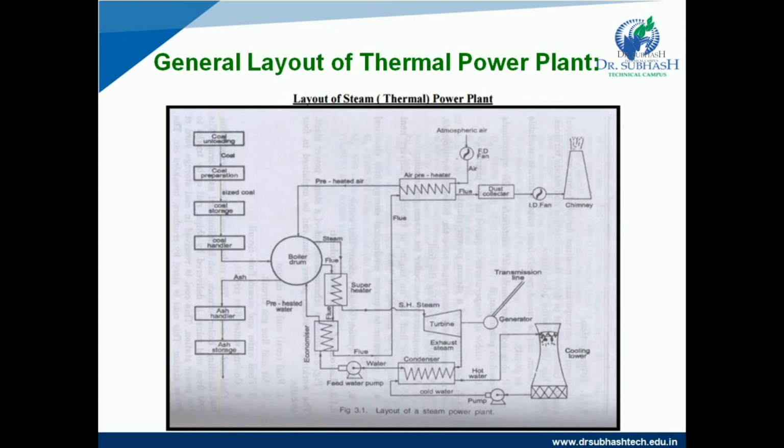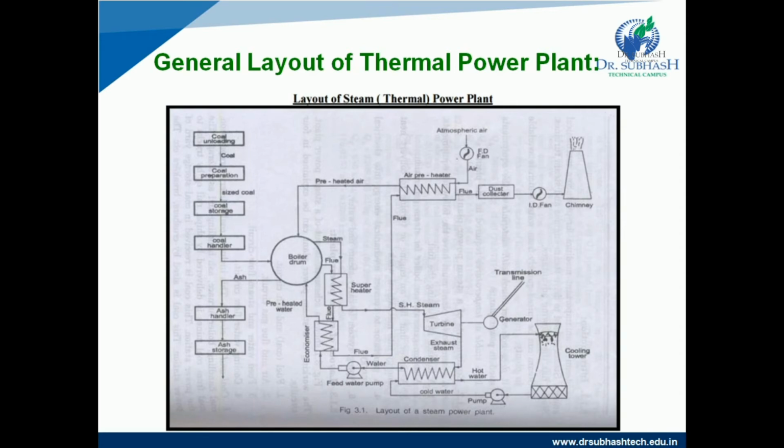The basic working principle of a thermal power plant and its typical components are what we are discussing now, and the cooling towers and chimney we have discussed in the previous subjects, and we will also discuss them in chapter number 7, condensers and cooling towers.